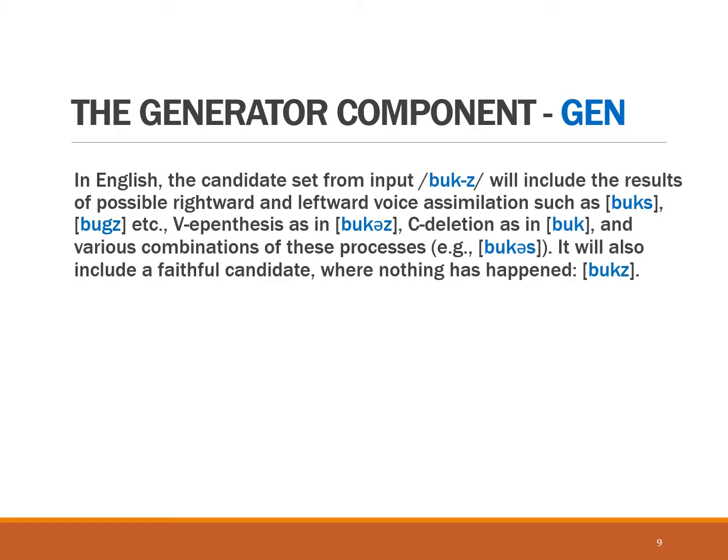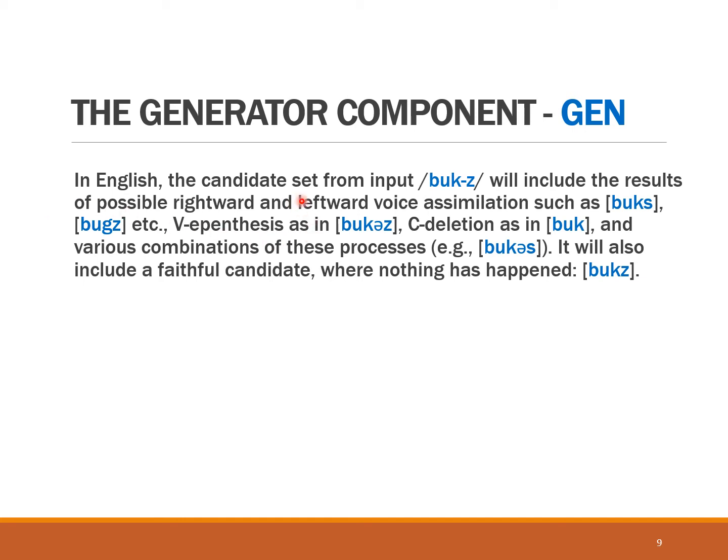In the Gen component, let us look at an example from English. You are aware of the English plural allomorphy, which involves certain conditioning factors like voicing assimilation, vowel epenthesis, consonant deletion, etc. These are the processes which are operative in the plural formation of English nouns.